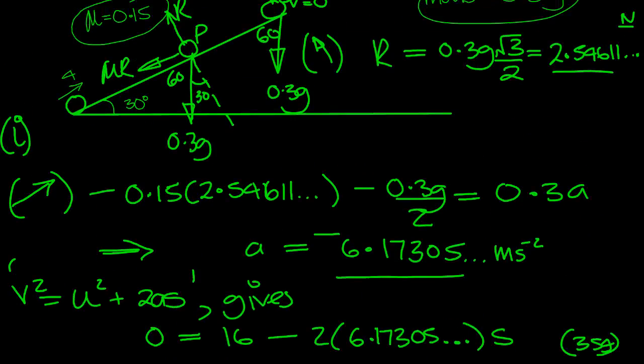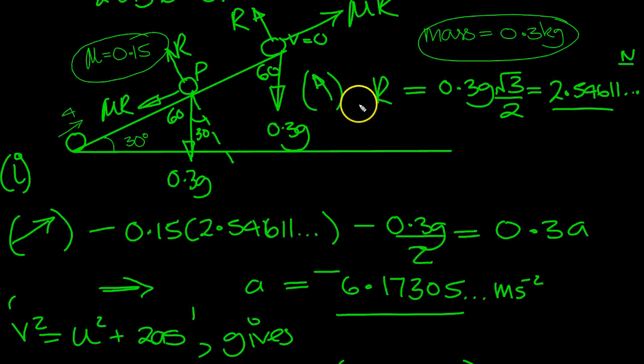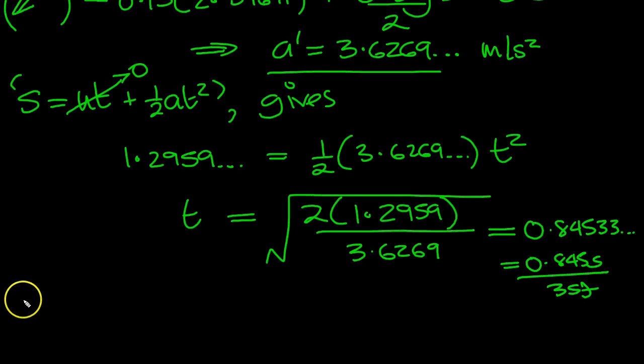We know the acceleration, so we should be able to get the final velocity now, where it comes back to the bottom. So let's use v equals u plus at.